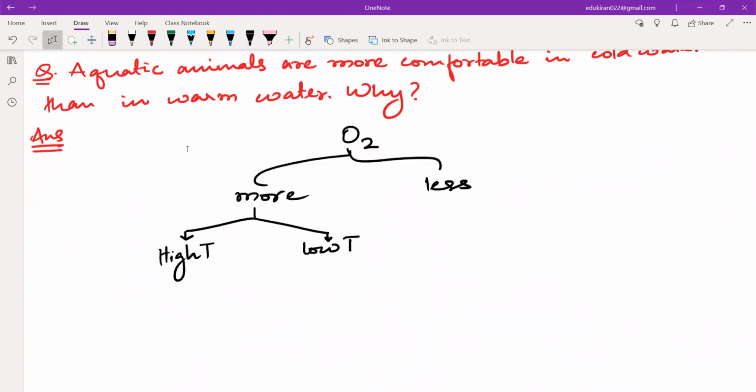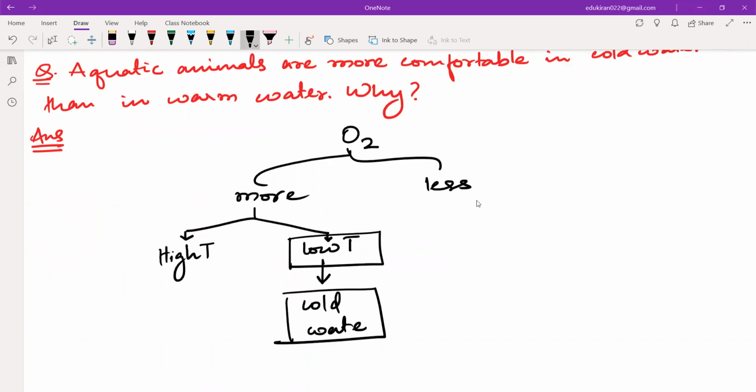So at low temperature, O2 will be more soluble, and that is why aquatic animals are more comfortable in cold water than in hot water.